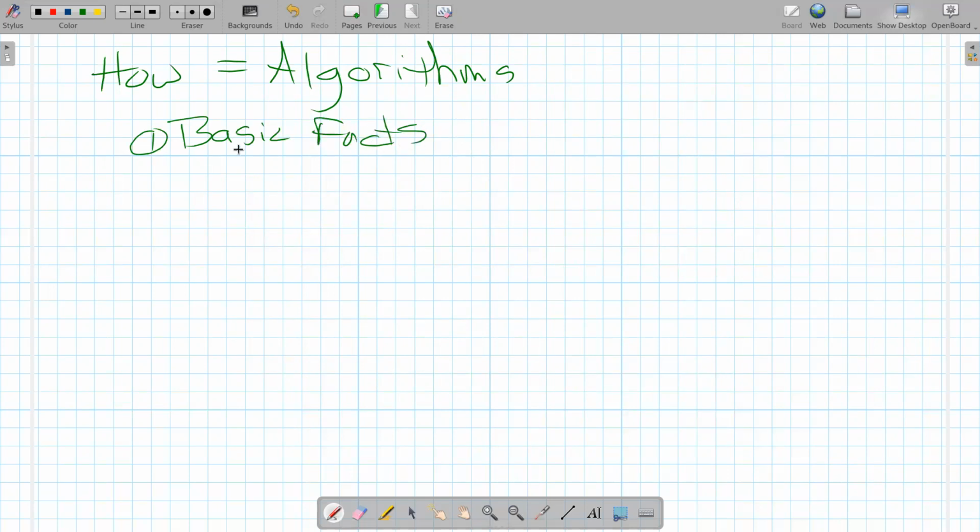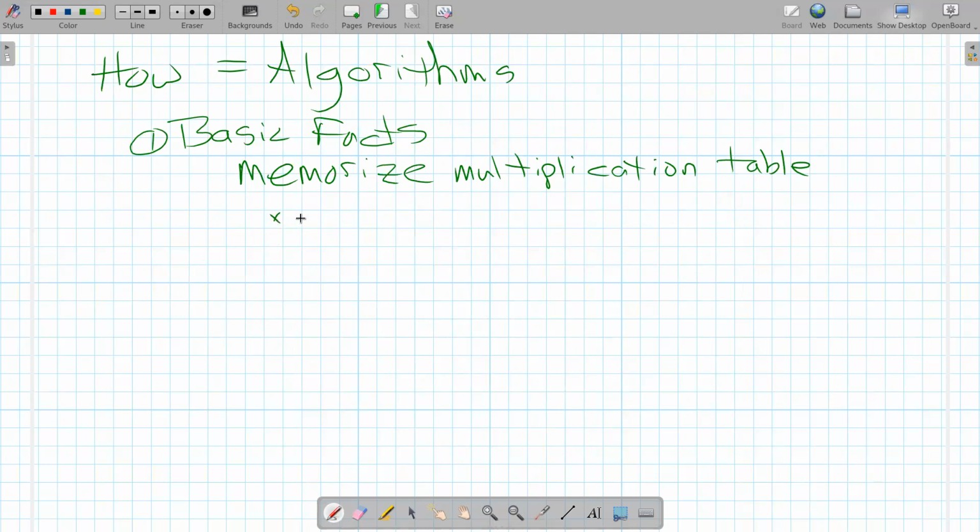Like when I was in school, I had to memorize a multiplication table. And so I remember on my desk, there was this little card, and the card was labeled with a multiplication table there. And then it went 1, 2, 3, 4, 5, 6, 7, 8, 9, 10, 11, and 12.